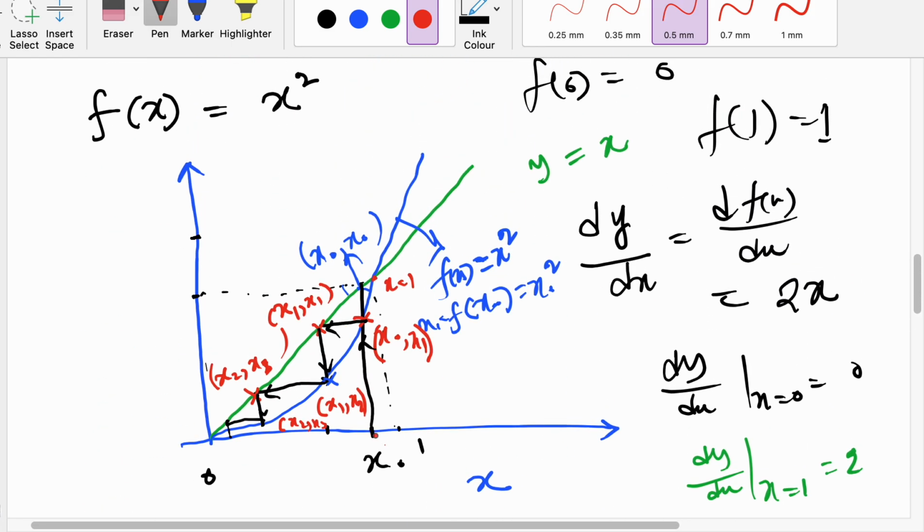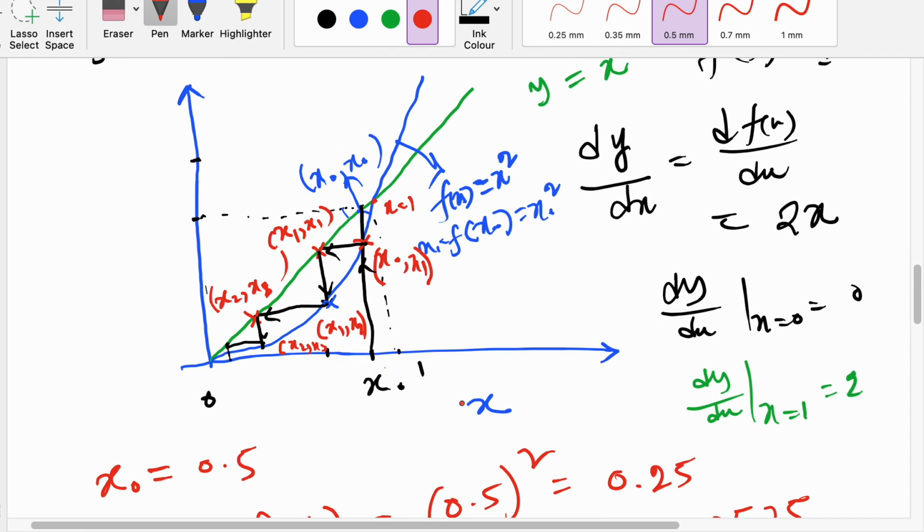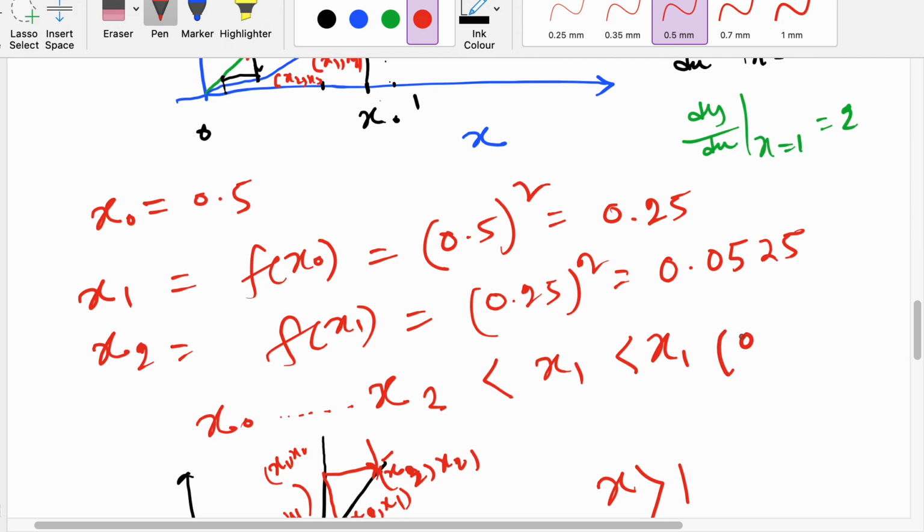Suppose the orbit is 0.5, then 0.25, then 0.025. From seeing this pattern, we are quite sure that it will hit 0 at some point. So this 0 is actually the limit of that sequence.